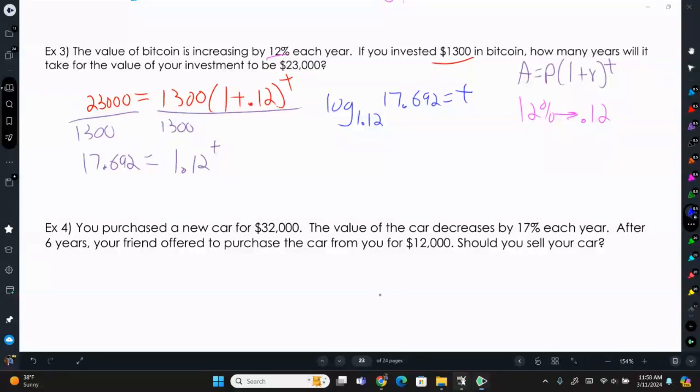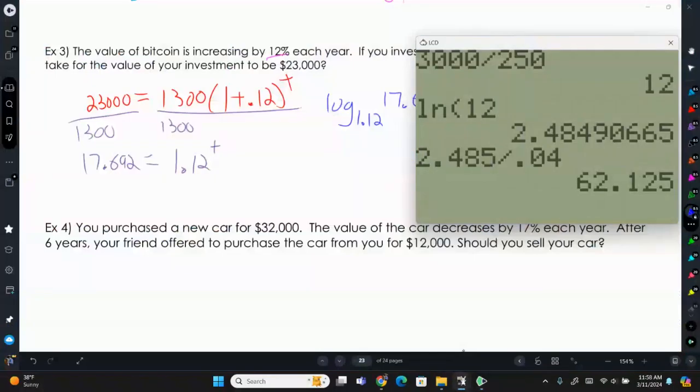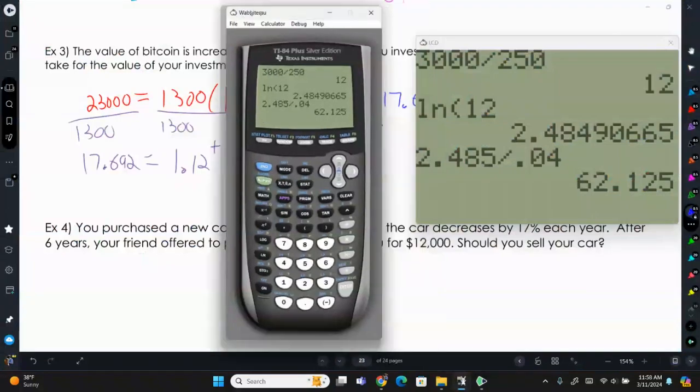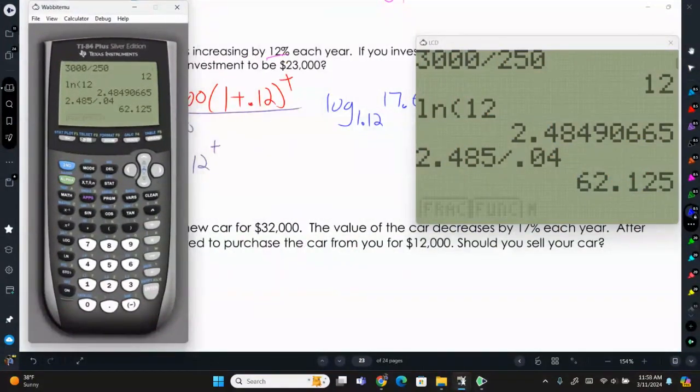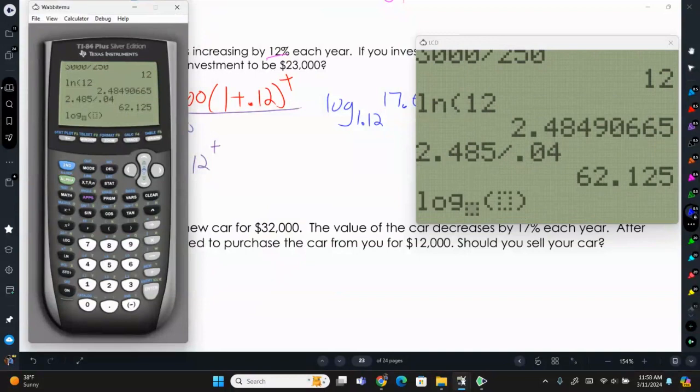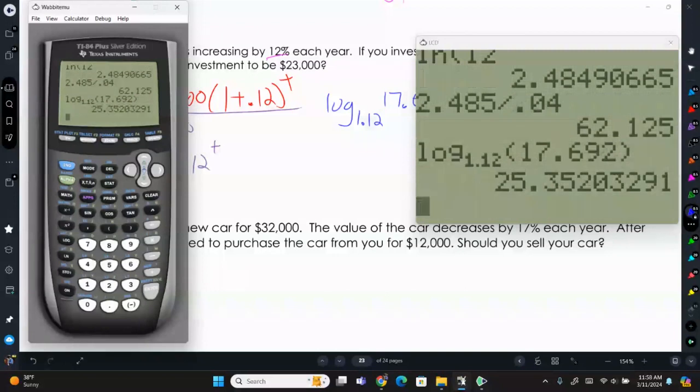So we don't need to, like I said, divide by anything after the fact. So I'll go through this one more time. 1.12, and then we had 17.692.